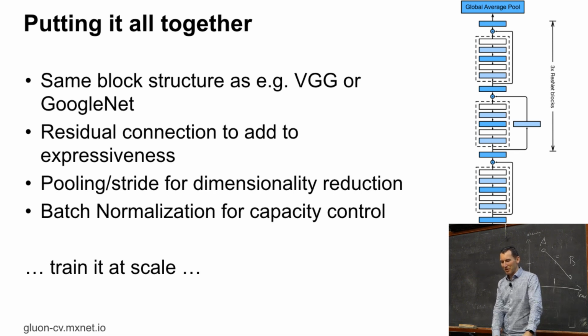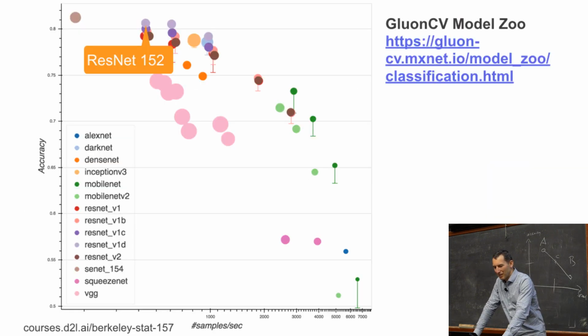And the bottom looks kind of very scarily similar to whatever we saw before. Wide convolution, batch norm, pooling. And then you have a whole bunch of ResNet blocks of different size. And you train it. And we will train that next week, not today. What this gets you to is this thing up here.